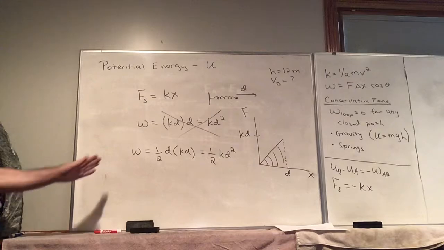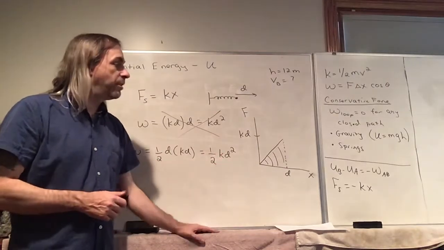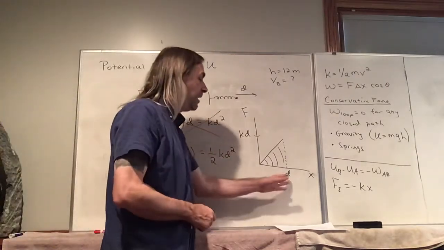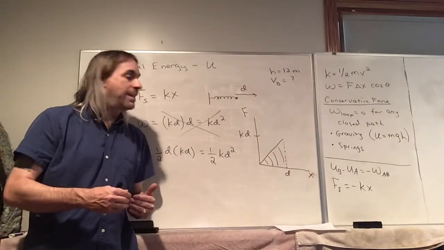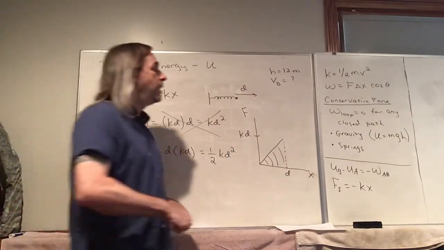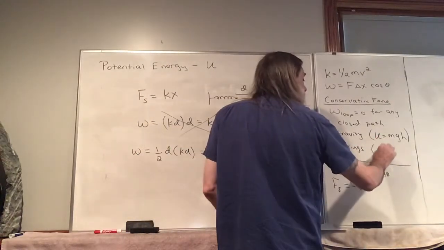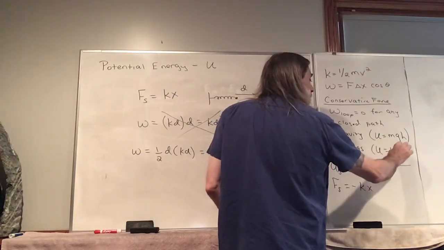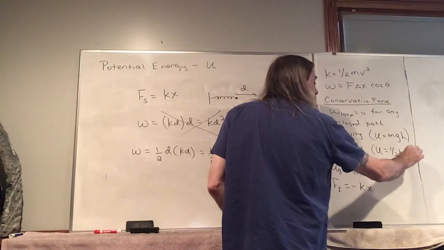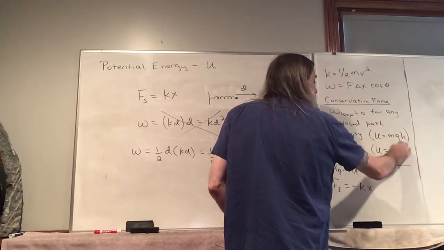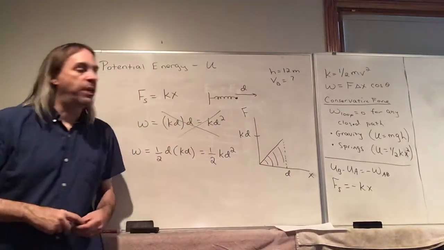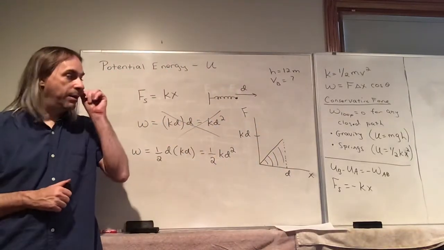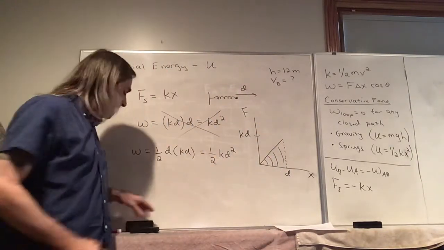And in general, d is just the extension. In general, though, we don't have a particular distance in mind. We just say we extend it a distance x. And so for springs, the potential energy function is 1/2 kx squared. And so that would be energy that's stored in the spring. Like an example of this.